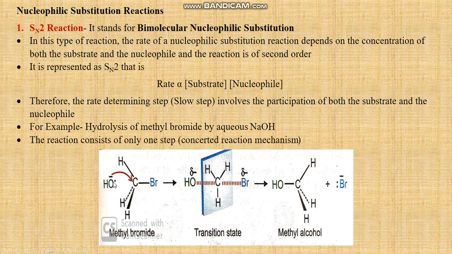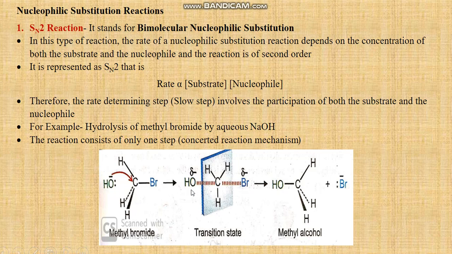Therefore, it attacks from the rear side. In the transition state, we can see bond formation between carbon and hydroxide ion and bond breakdown between carbon and bromine atom.